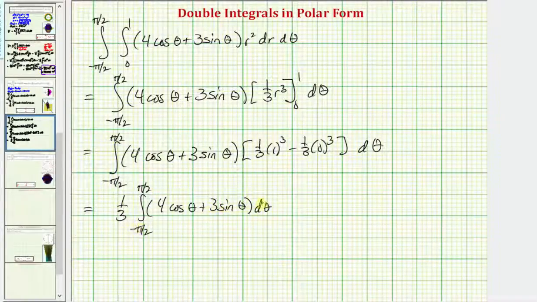And now we integrate with respect to theta. So 1/3 times the antiderivative of 4 cosine theta would be 4 sine theta plus the antiderivative of 3 sine theta would be 3 times negative cosine theta, or minus 3 cosine theta.